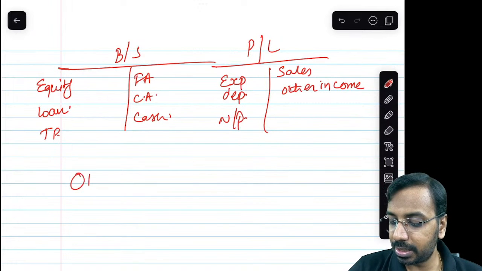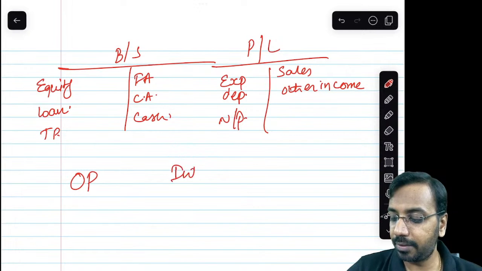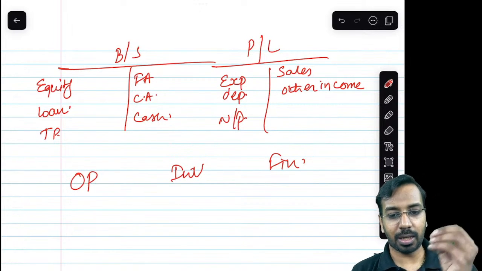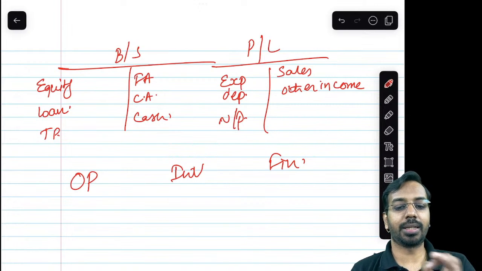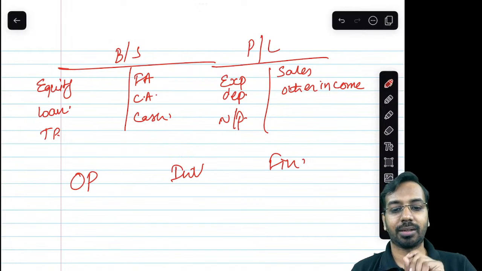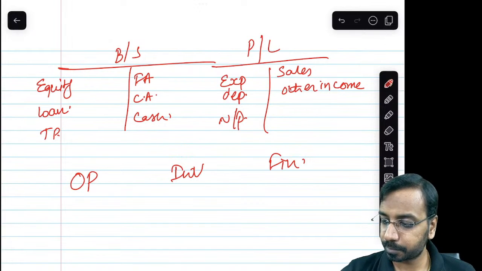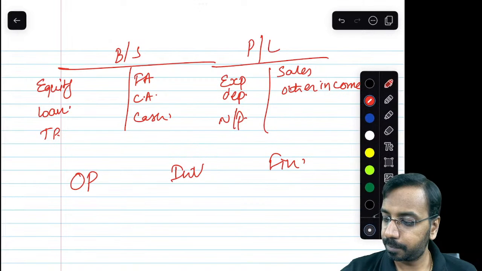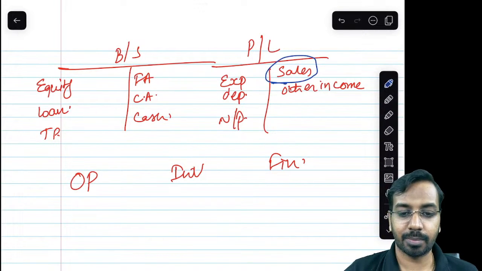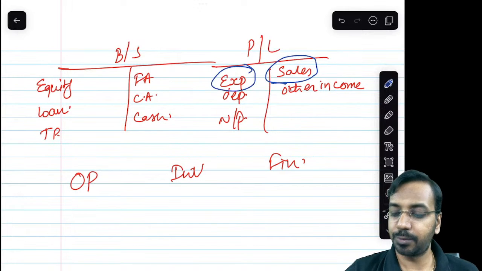Now in the three categories, operating, investing, and financing, the way you should remember, in 99% of the cases you can apply this logic and you will get the correct answer. If it is something to do with the sales, my operations, expenses, which are my operations.